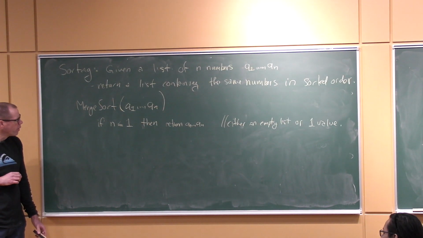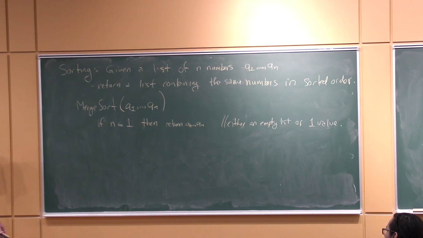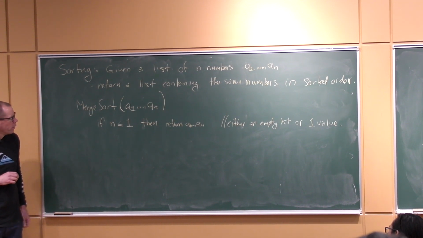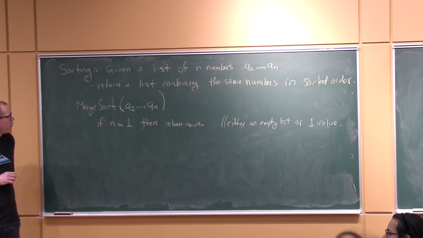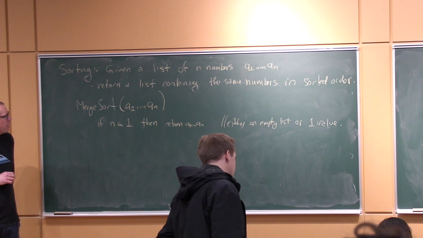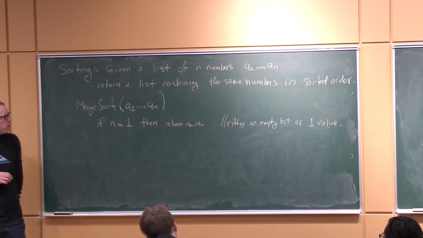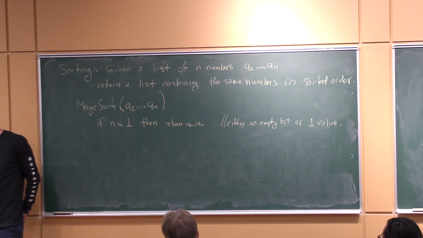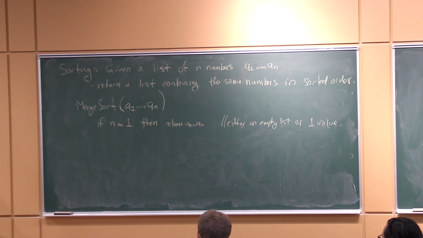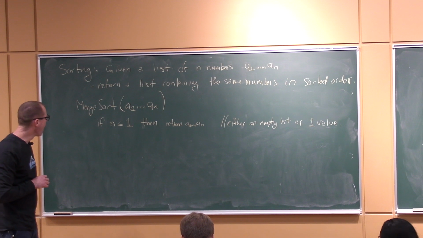If we want to do recursion, we want to recurse on something that's smaller. So we have n, which is at least 2, a list of length at least 2. We want to recurse on something smaller. What can we try to do? Recurse on half the list.